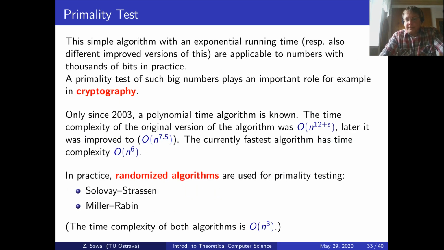But in practice, for example in cryptography, in the design of cryptographic algorithms, it may be necessary to use some big numbers, maybe with thousands of bits, that are primes, and some cryptographic algorithms require the possibility to generate such big primes.